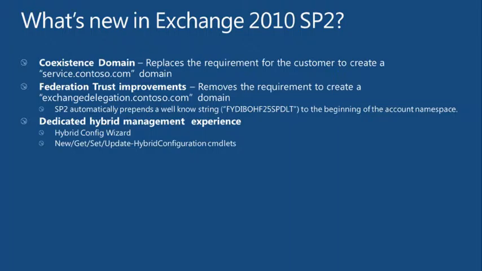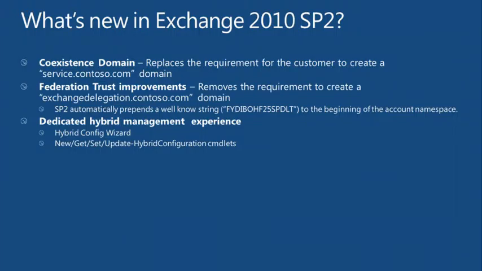The other very technical and nitty-gritty requirement that we got rid of in Service Pack 2 was this need to provide a unique namespace for the Federation Trust. So the Federation Trust is how federated sharing works between Exchange organizations and is one of the underlying linchpins for Exchange Hybrid to work.